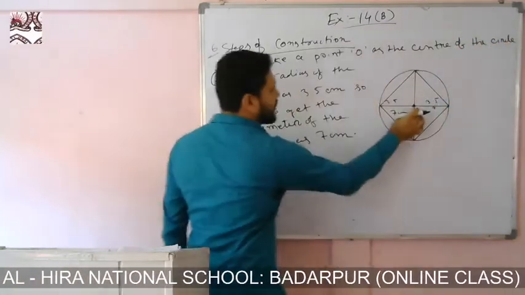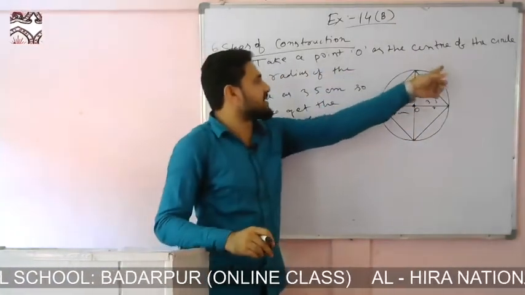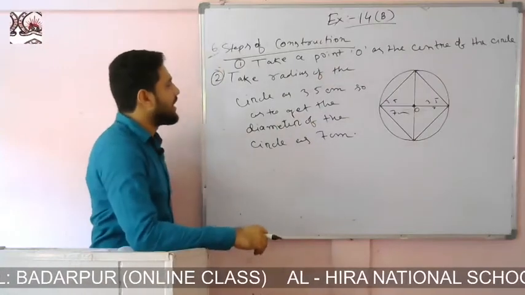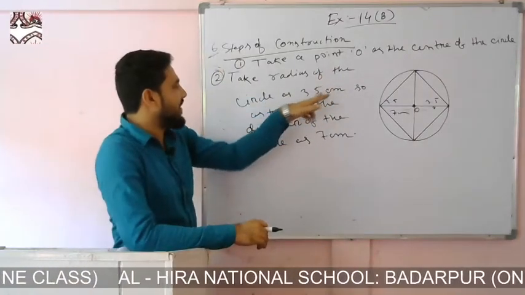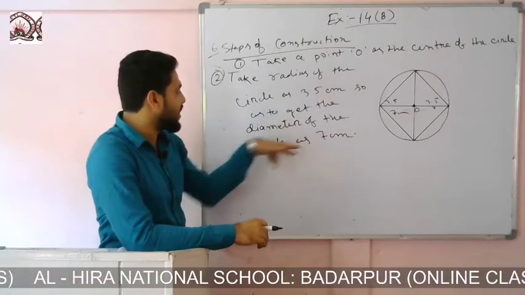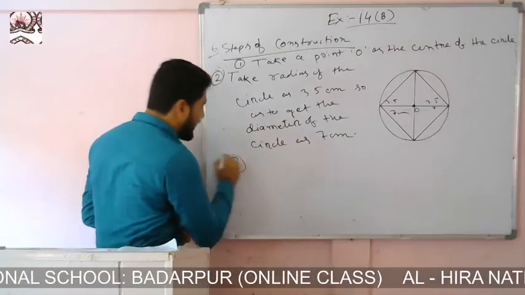First we have to take the center of the circle. Now step 2: take a radius of the circle as 3.5 centimeter so as to get the diameter of the circle as 7 centimeter.